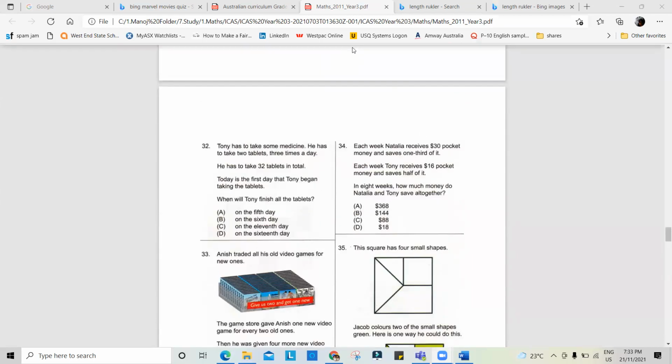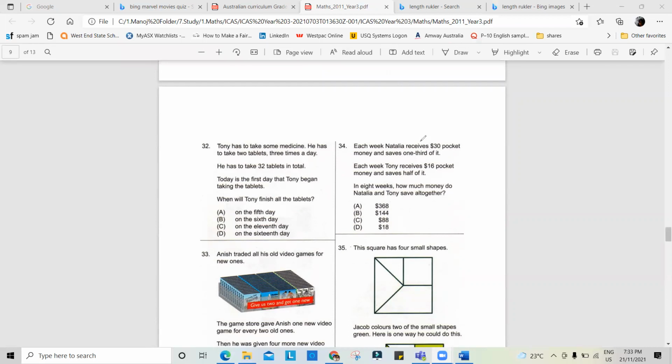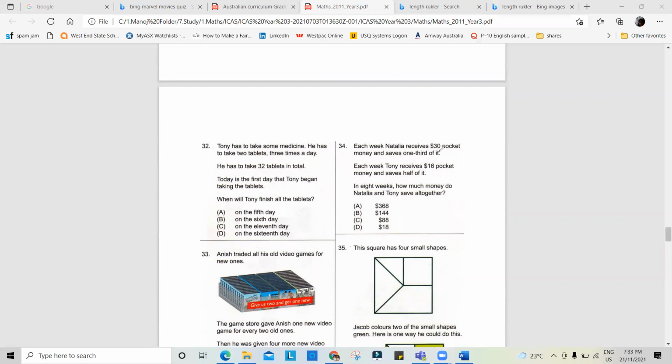Okay. You do quickly. Each week, Natalia receives $30 pocket money, right? Each week, Tony receives $16 and saves half of it. Now, each week, Natalia receives $30 and saves 1/3. $30, 1/3 means multiply by 1/3. It's a fraction, right?